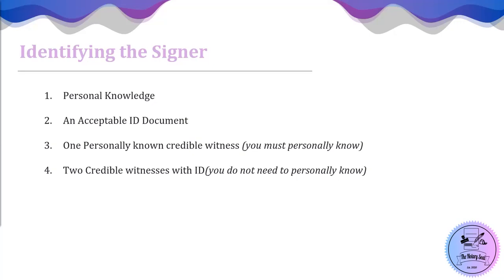They would have their IDs that you would utilize for verification, and you would write their information down in your journal. I would also suggest putting a note that it was 2 credible witnesses with ID. And again, you do not need to know them personally in this case.